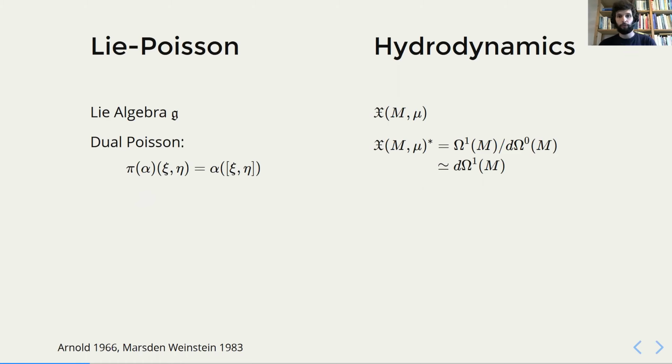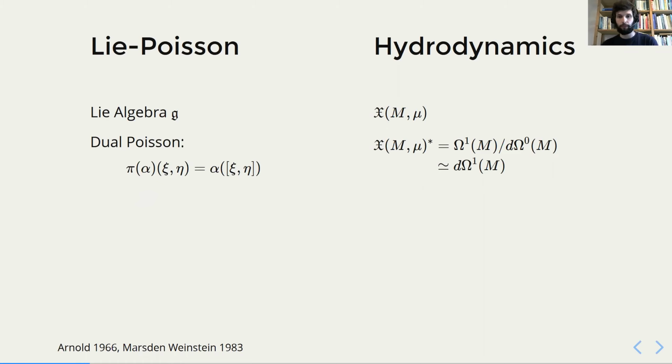The dual space is given essentially by one-forms. If you have a vector field and you want to pair it with something, the natural candidate is a one-form: you insert the vector field into the one-form, get a function on M, and then integrate this function using the volume form over M. I'm assuming M is compact, so that we don't have to worry about boundary conditions at infinity.